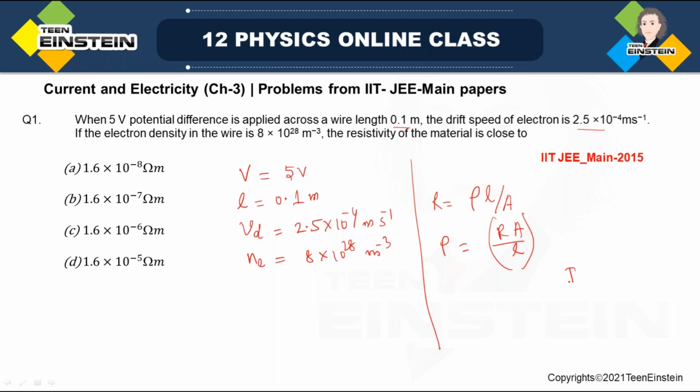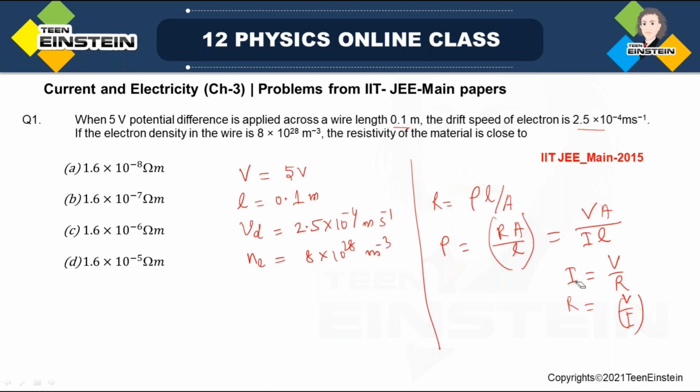We know current is equal to V by R, V is the potential difference. So R can be replaced by V by I. So we can write here it is V A by I L.